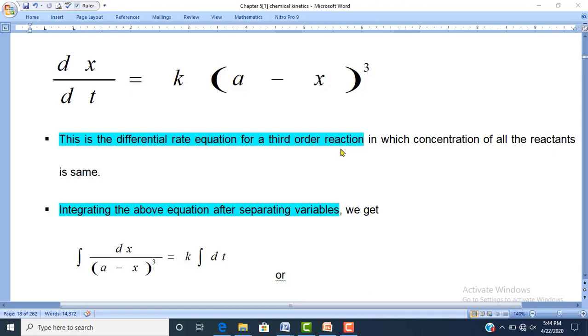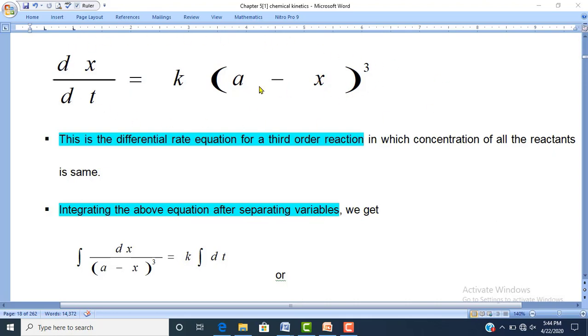The procedure which we applied in the second order reaction, when the initial concentration of the reactants was the same, we will also apply here. After separating variables, we will integrate this equation.